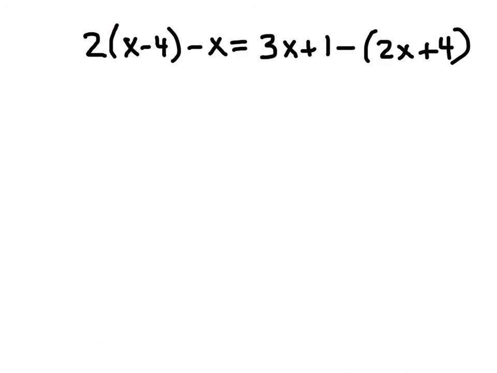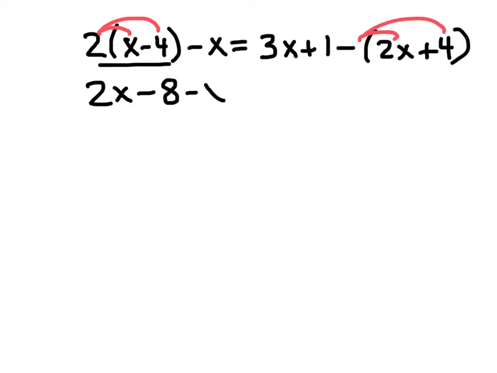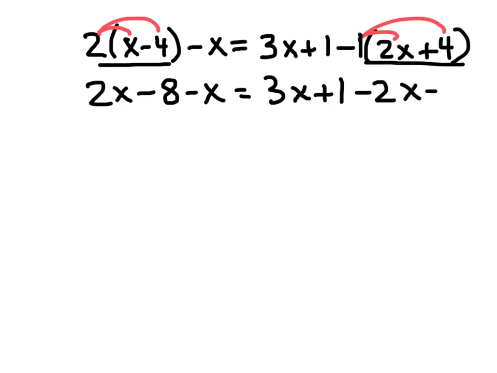All right, we have one more. Let's go ahead and apply distributive property here and here. So here we get 2x minus 8. And then here, this is negative 1 again, so we get negative 2x and minus 4.